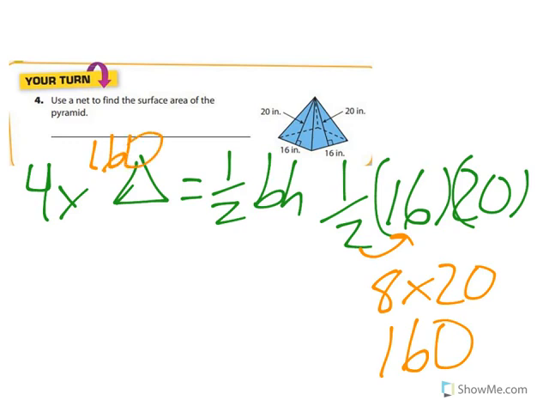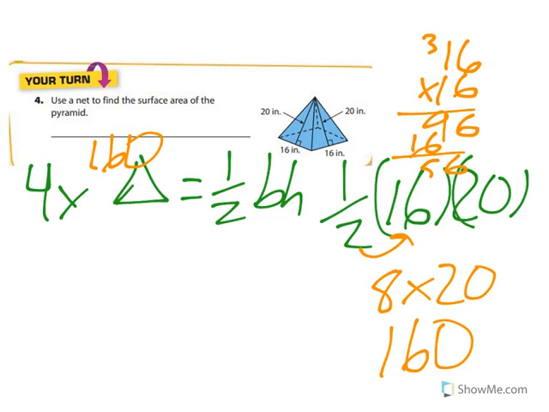Our bottom again is 16 times 16, which is my square. We did that on the other page, but I'll do it again right here just to show my work. So we have 256. Now I do my 160, my triangles, times 4.